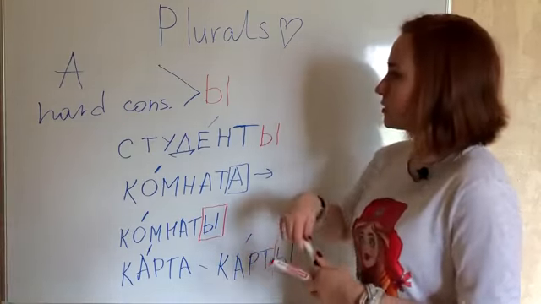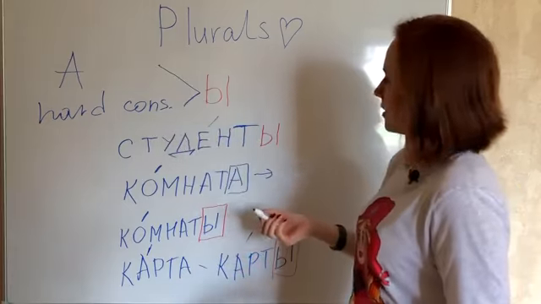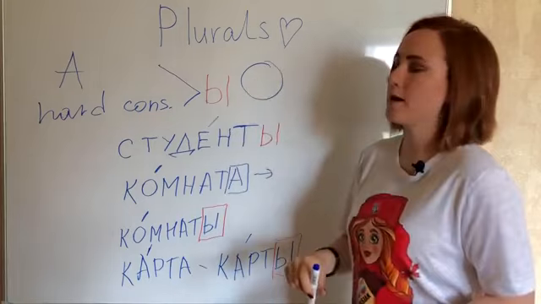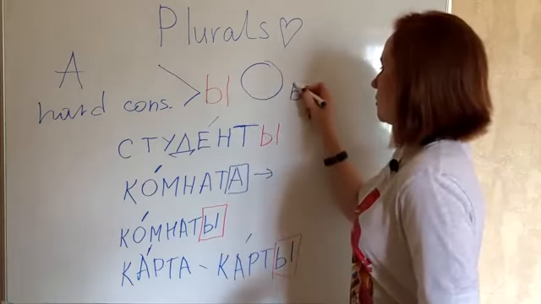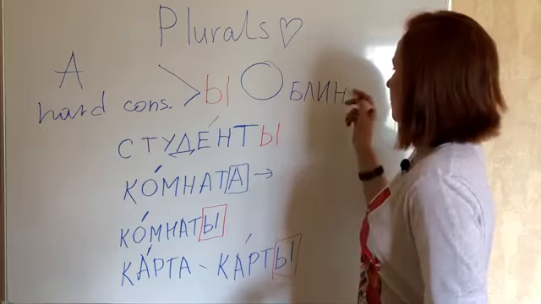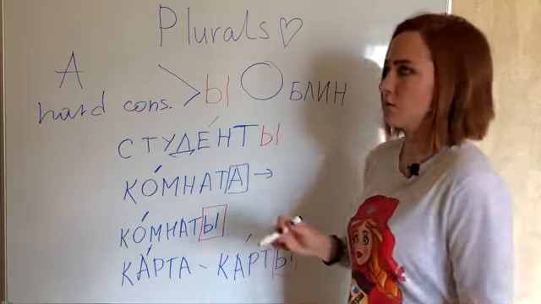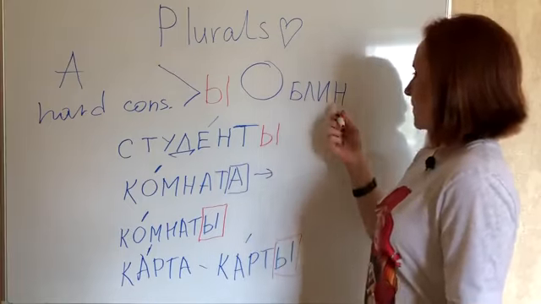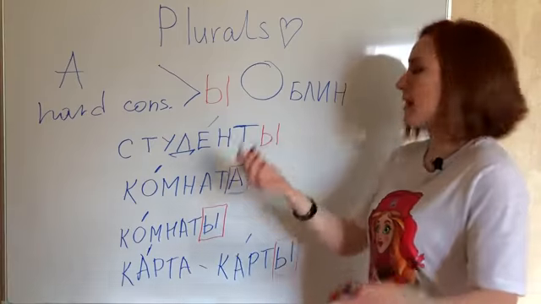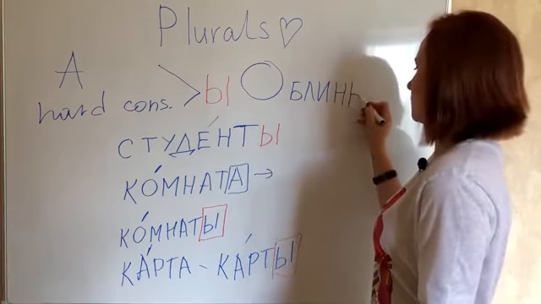So, what else with a consonant? Let's take a yummy word. Pancake. Блин. Блин, pancake with caviar. Yeah. So, we have a hard consonant. What do we do? We add Ы.